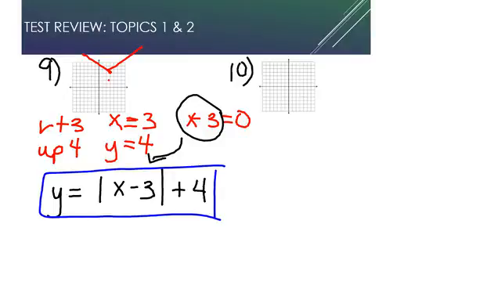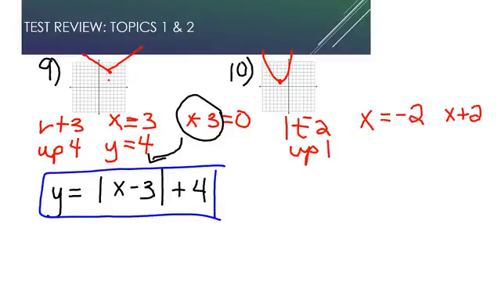For number 10, it's a parabola that is left 2 up 1. So I'm left 2 up 1. Go about right there. And then draw that. Okay? So I'm going left 2 up 1. Again, if x equals -2, if I add that over, I get x plus 2.